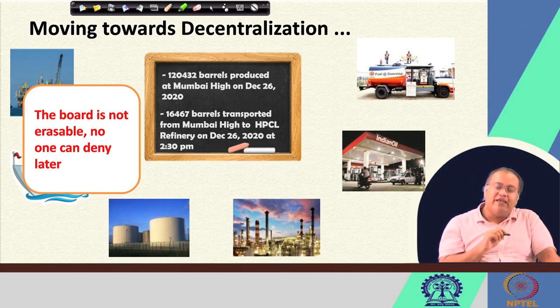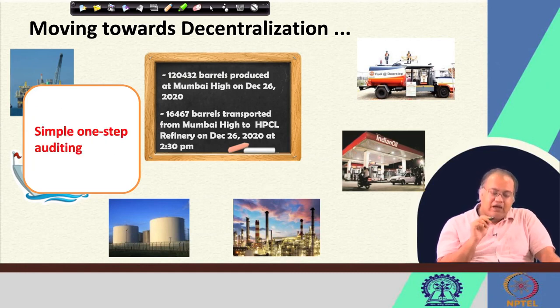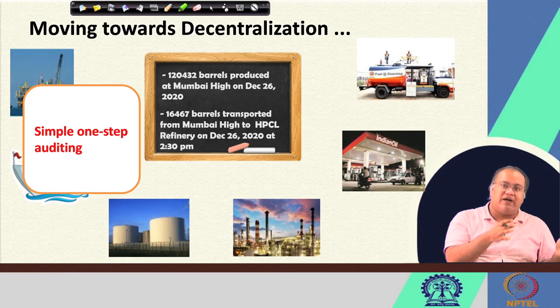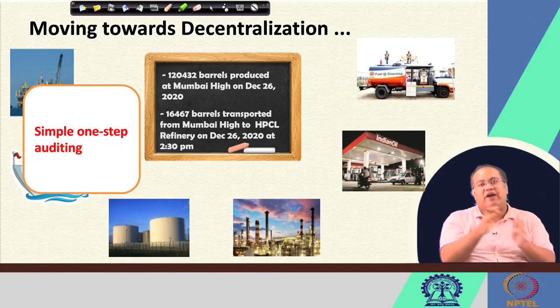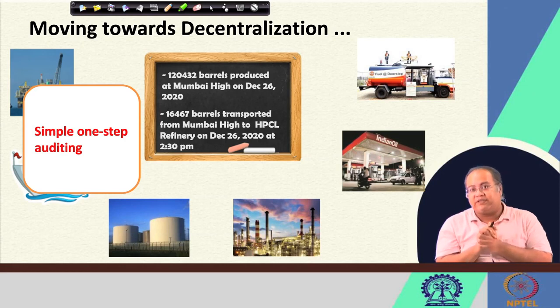Now let us see how we can utilize this board further. Well, so the advantage here is that you can simply do a one-step auditing of the entire information. You do not need complex or manual checking of all the papers, getting the papers from different organizations, and verifying that. Well, so that kind of complex task is not needed.